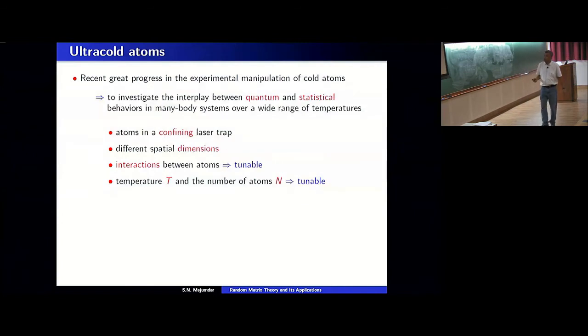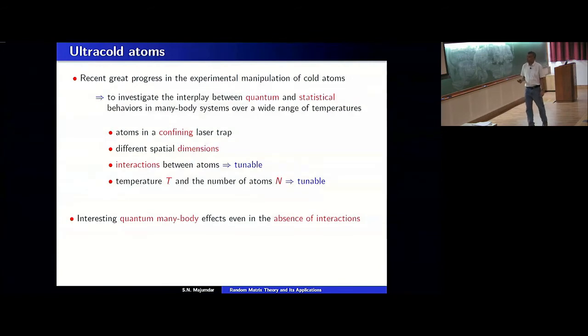Now, the important thing is that the interaction between the atoms is also tunable. In particular, they can probe the system even in the non-interacting limit. And this non-interacting limit is already quite interesting, because even though there is no direct interaction between the atoms, these are quantum systems, so quantum statistics play an important role.